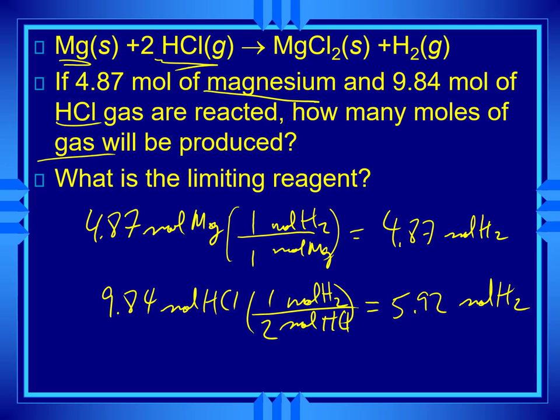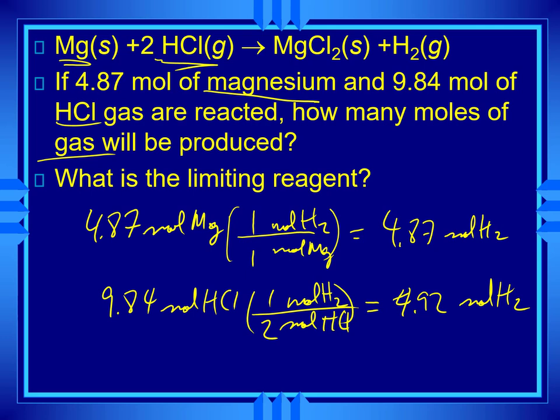So we've done all the math. What's the answer? The question is, what is the limiting reagent? What did I run out of? Sorry, 4.92, sorry. But, well, it doesn't change it anyway.